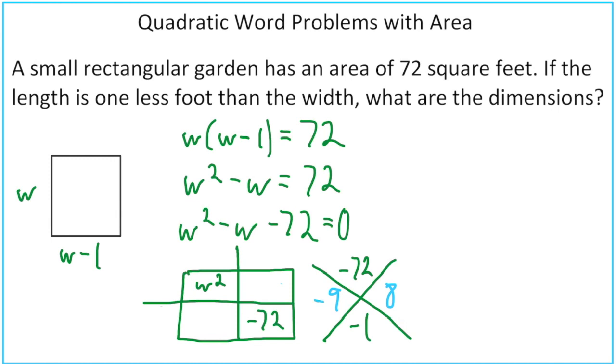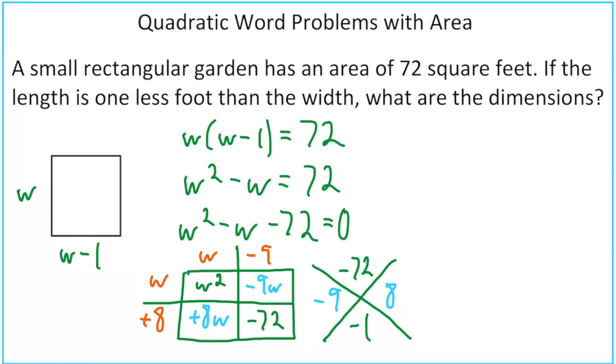So negative 9 and positive 8 can now go into our generic rectangle. Now we can get the outside: W times W, then W times negative 9 for the top, and W times positive 8 for the left side. To double check, positive 8 times negative 9 does give us our negative 72 in the bottom right.